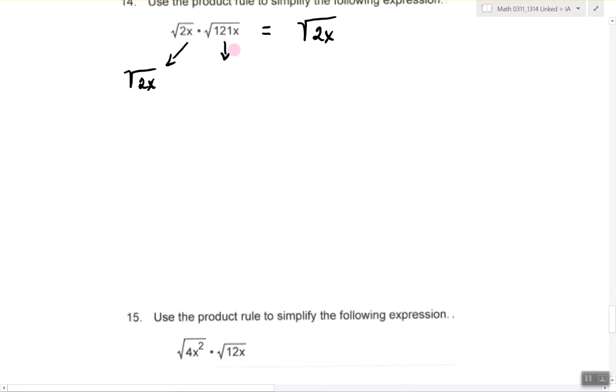But the square root of 121x can be simplified, because 121 is a perfect square, x is not. That means it is the rational 11 times the square root of x. So I tried to simplify this factor, but I couldn't. I simplified this one because I recognized pretty quickly that 121 is a perfect square.